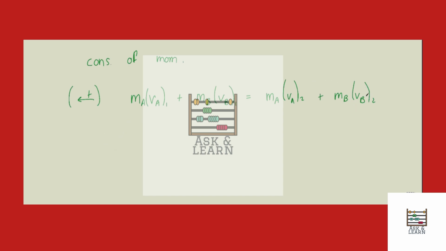So let's put in our values here. That's 15 times the initial velocity of block A, which is 8.7439. That's the initial momentum of block A just before the collision, plus 0, since block B is at rest, so it has no velocity. And this is equal to 15 times VA2 plus 10, the mass of block B, times VB2.